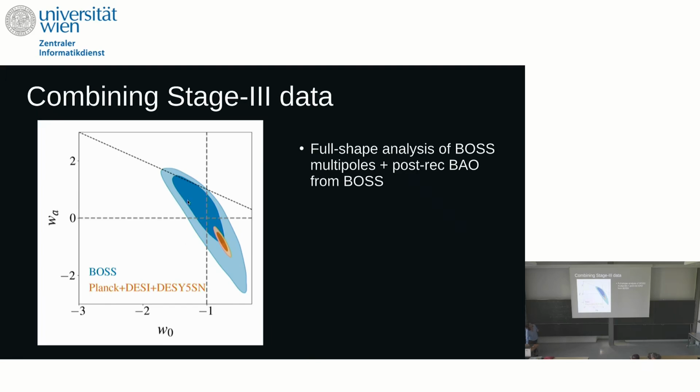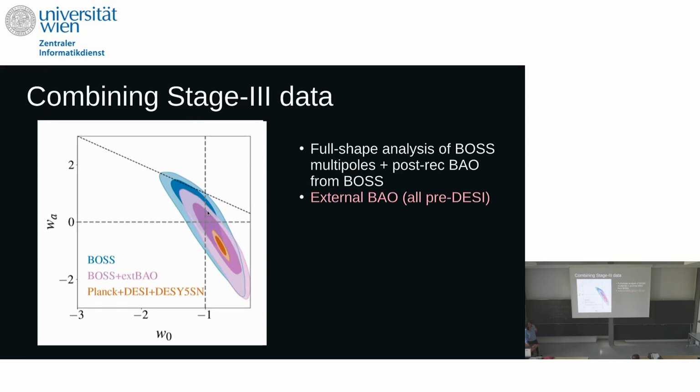Okay, so if we only use BOSS, full shape plus BAO post-reconstruction, this is what we get. As you see now, this is centered on lambda-CDM. These are real data. We include also some external BAOs, both lower and higher redshift. This is all pre-DESY, so we don't include any stage 4 information.